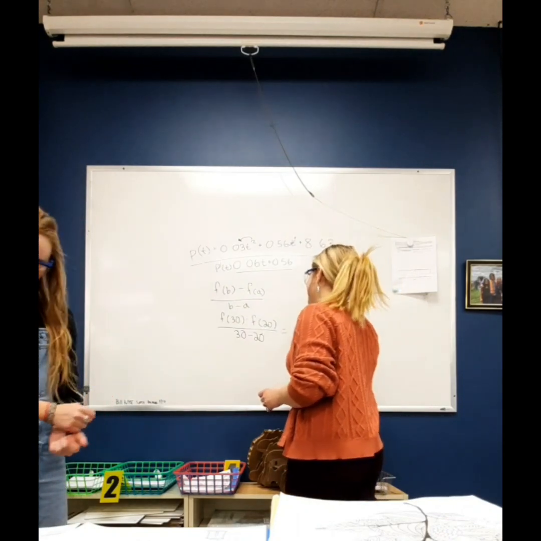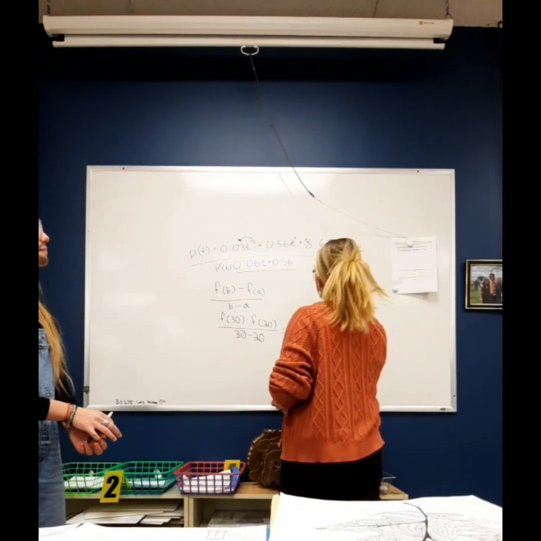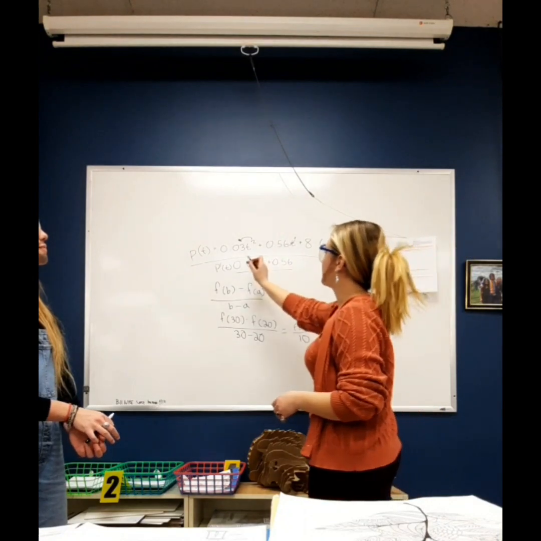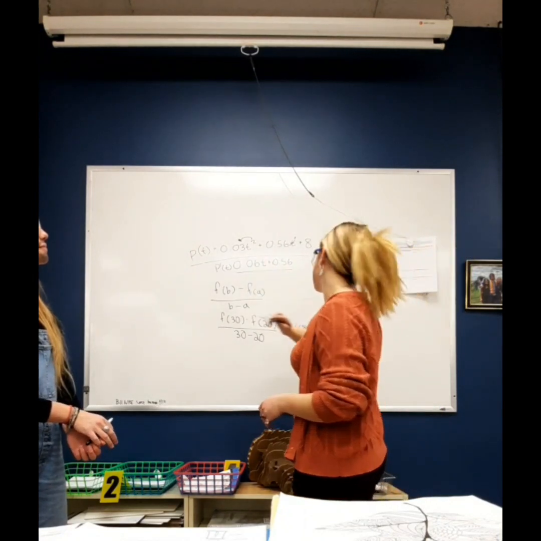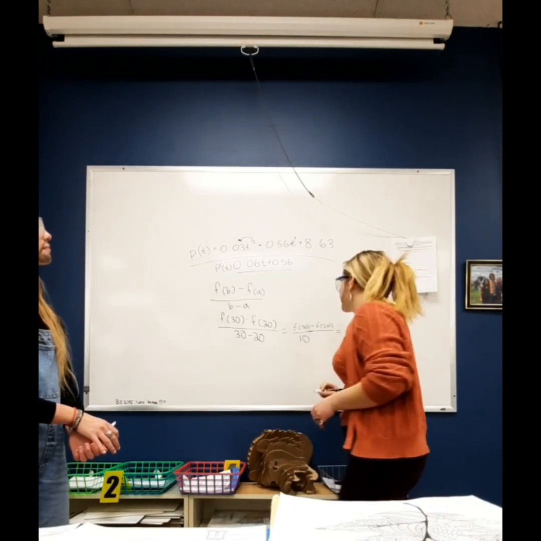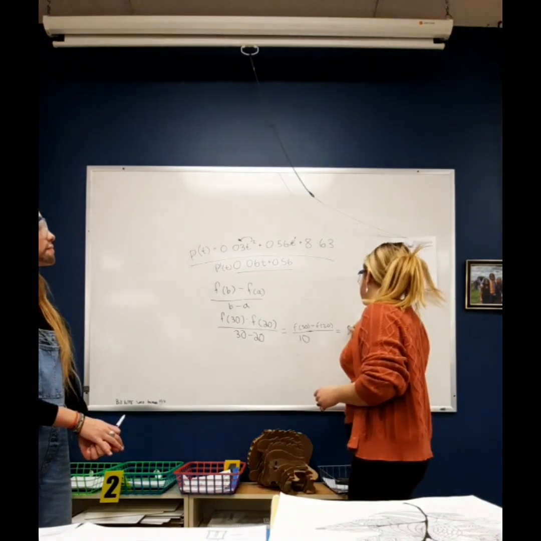So I'll just write this in as f of 30. Because it's simple, you can plug it into Desmos or into a calculator, and then f of 20 is going to be doing the same thing. You're going to take the original equation and you're going to plug 20 in for every t value. You go ahead and plug that into your calculator or into Desmos, and you will find that the answer to this equation is $2.06.